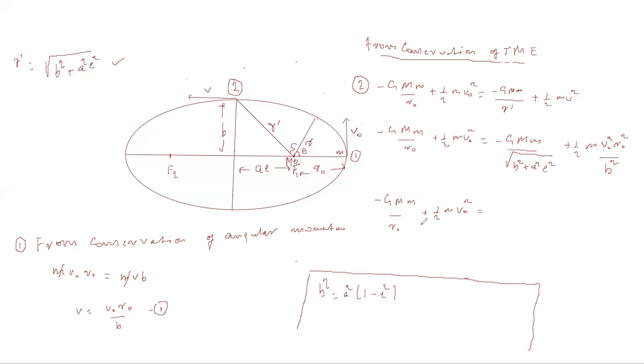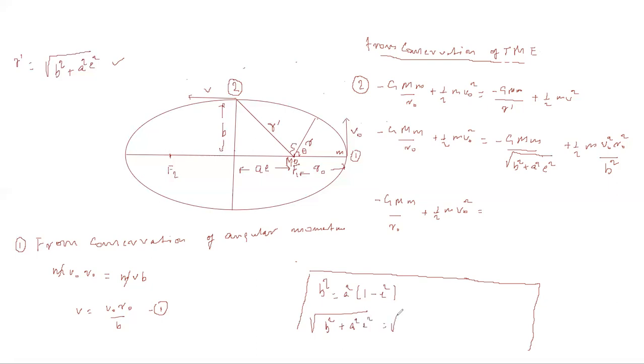So out here we have under root of b square plus a squared e squared. This is what we have to find out.